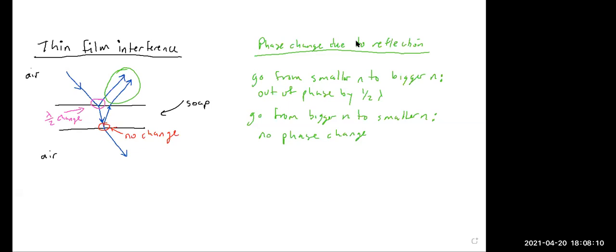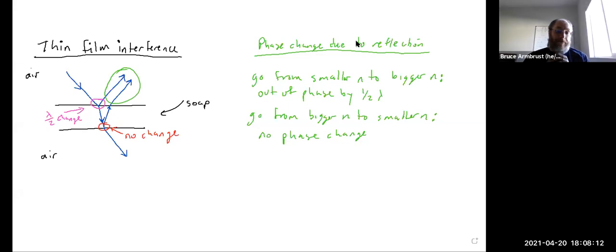And notice that this doesn't depend on the wavelength, because no matter what our wavelength of light was, we're going to get that same thing happen with that shift, which would suggest that everything gets destructively interfered with. What would you see in that case?